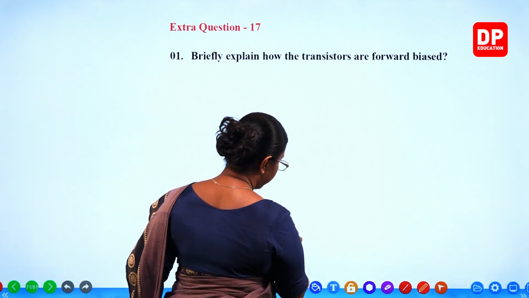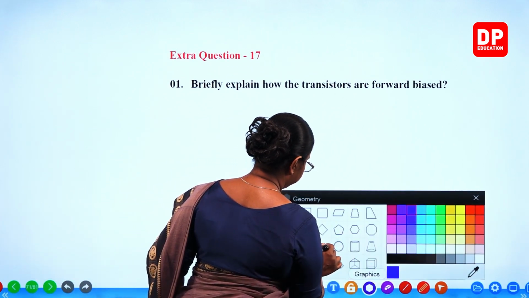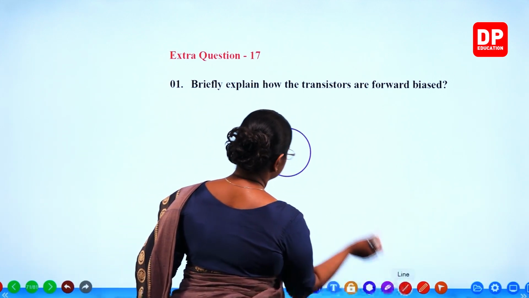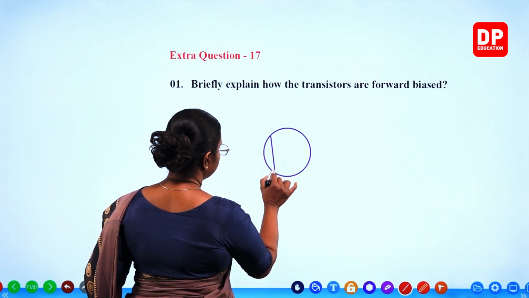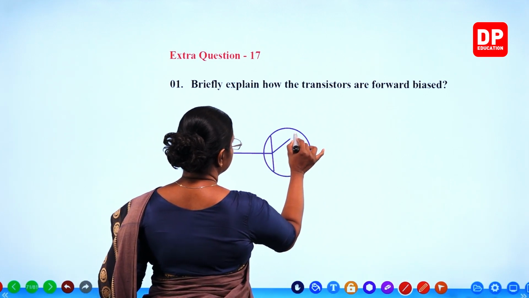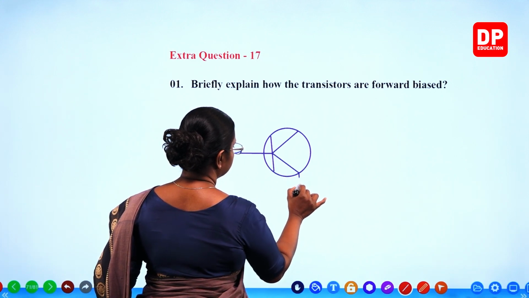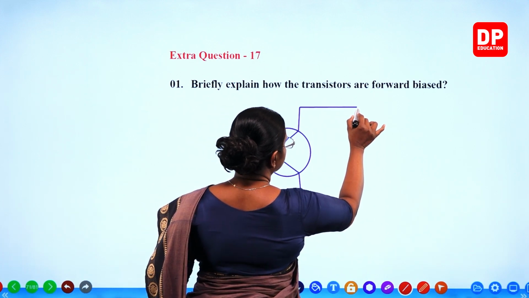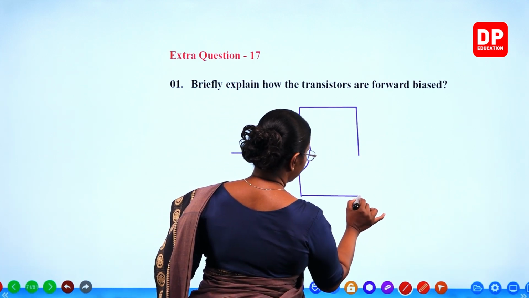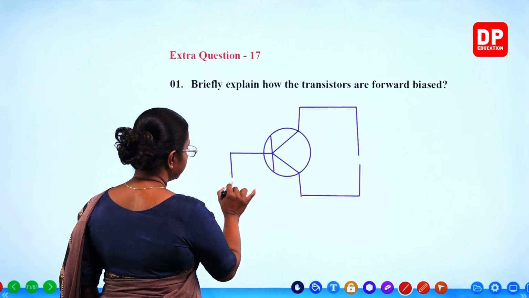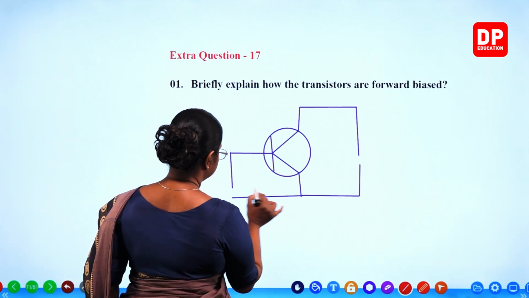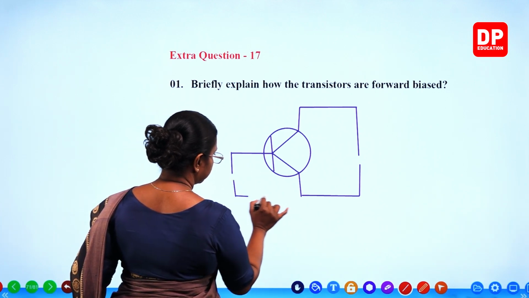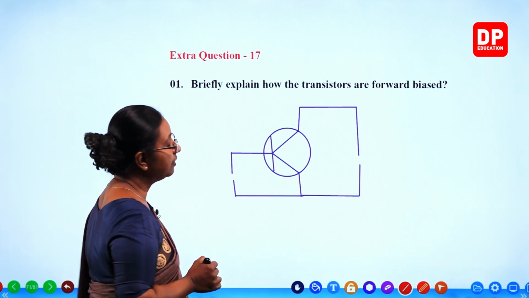So again, if we draw the transistor, both the circuits need to be forward biased.